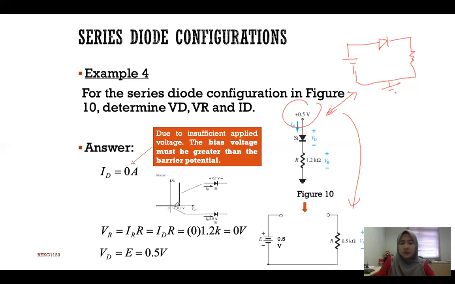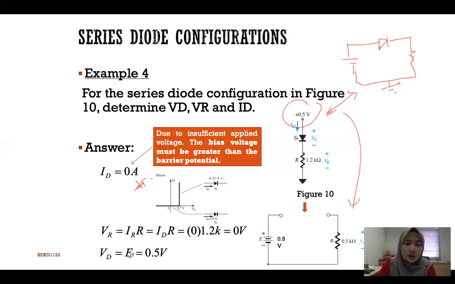So during reverse bias, the diode over here will become open circuit. Since this is open circuit, the current is equal to 0.